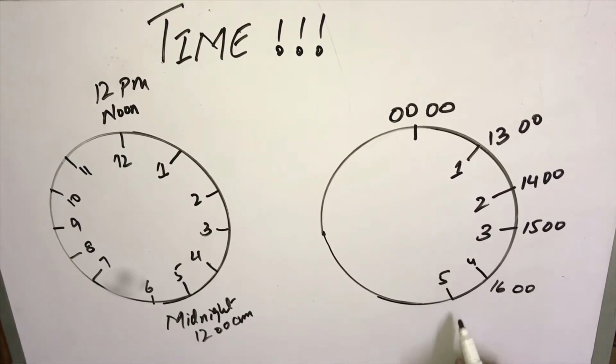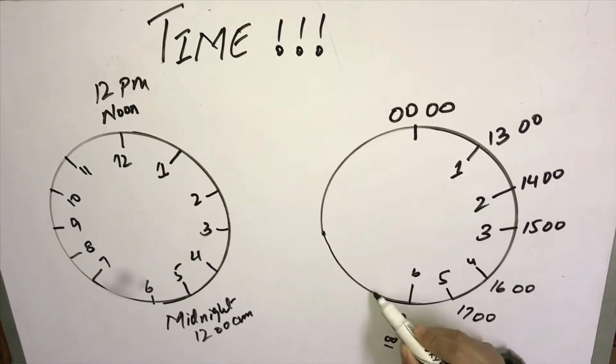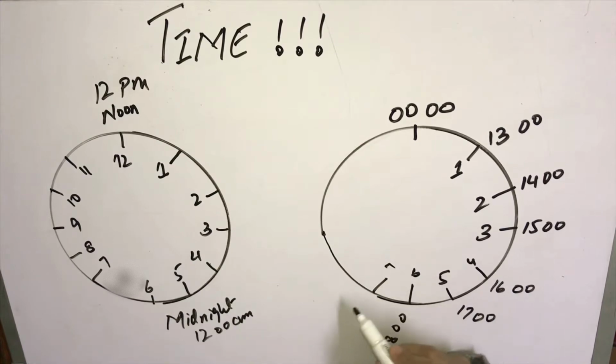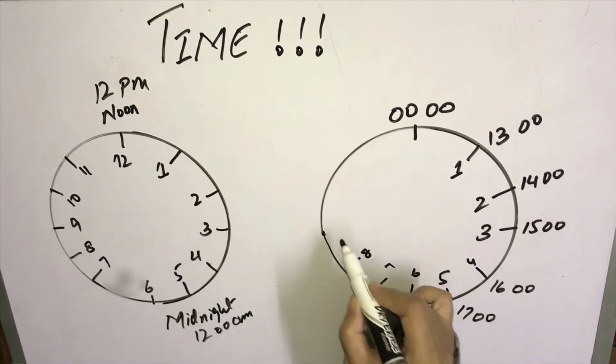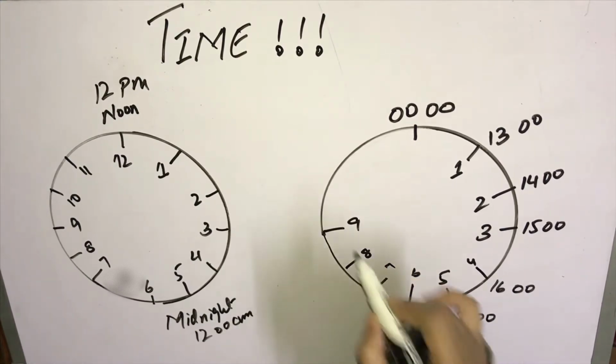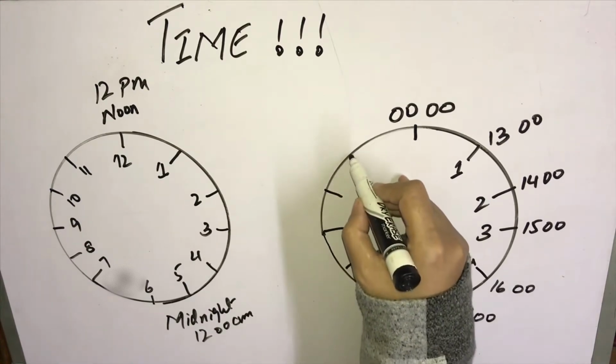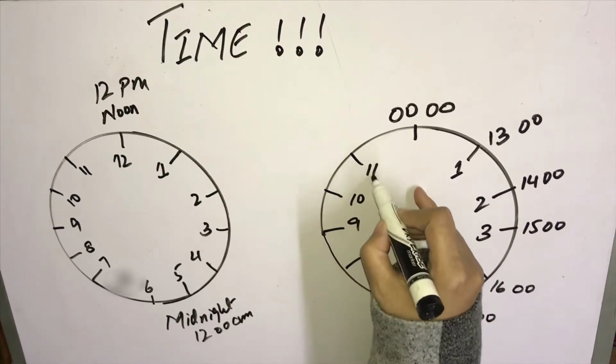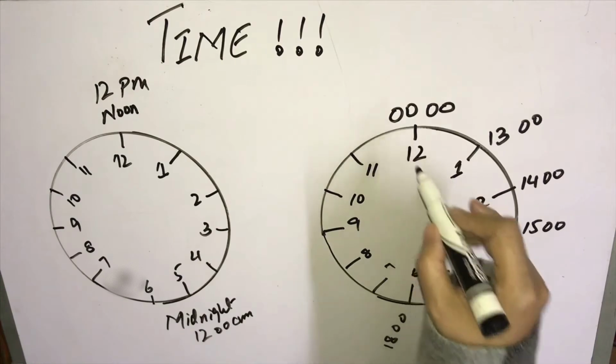Then 5 is 17, 6 is 18, 7 is 19, then this is 20, this is 21, 22, 23, and then it is 24.